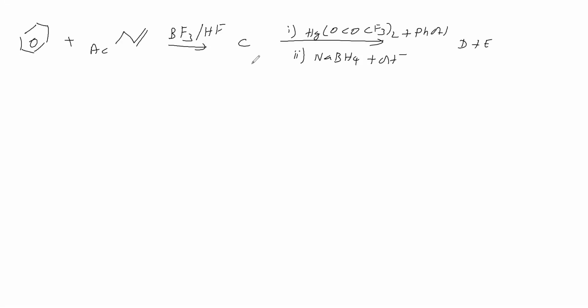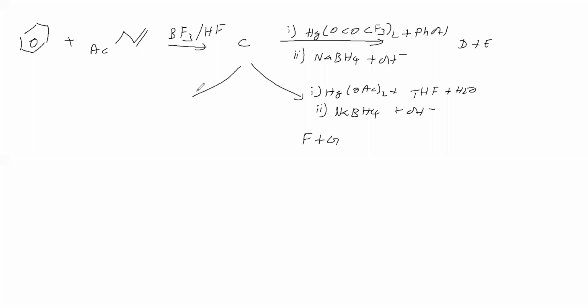Then C with first mercuric acetate, THF and water, then sodium borohydride and OH minus gives F and G. Then this C is taken for reaction with diborane plus THF, then hydrogen peroxide and OH minus.